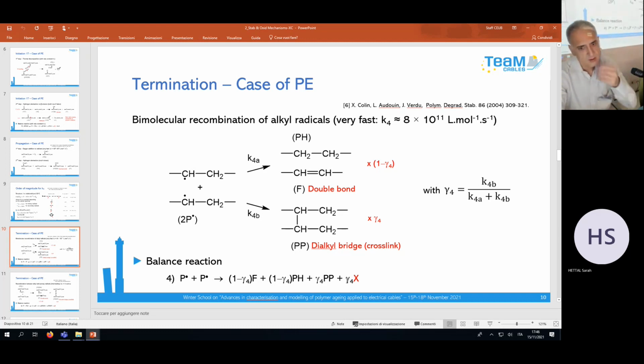That's interesting because we have also seen that if the double bonds are present, the conductivity of the material is higher. Yes. In the case of oxidation, all the species close to the double bond can oxidize very easily. I don't show it here. It is a side reaction for me.